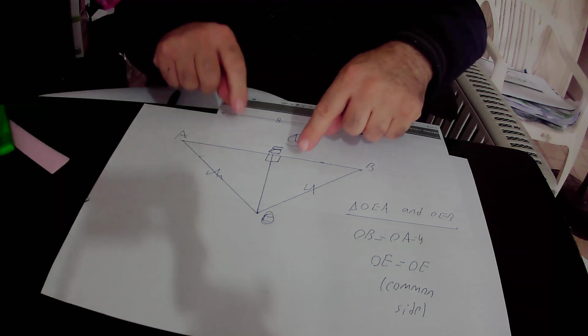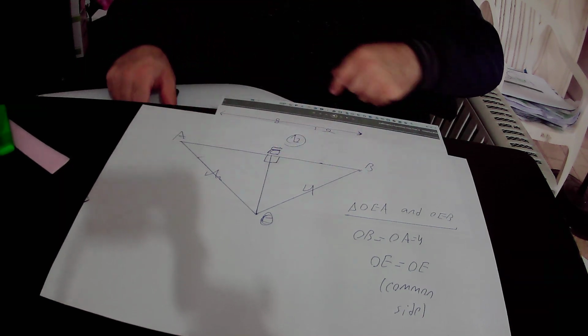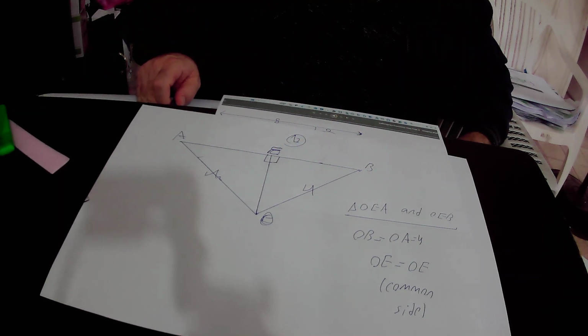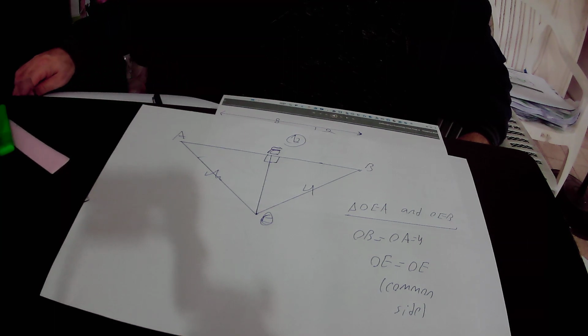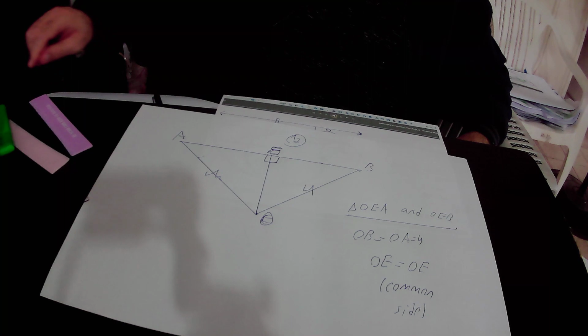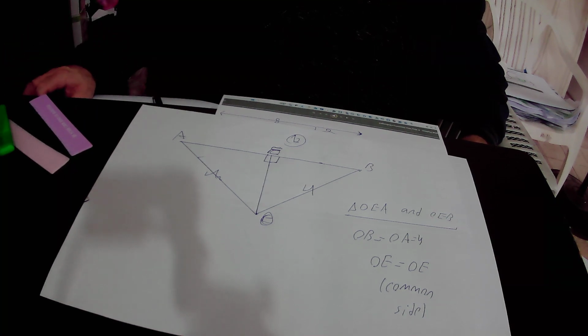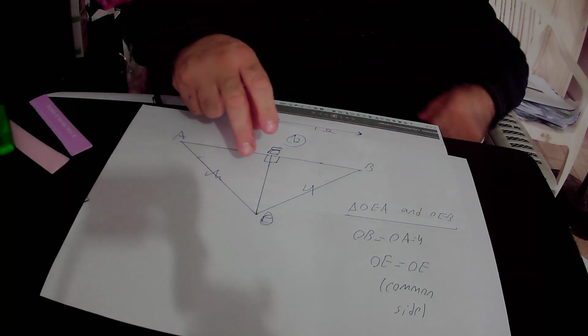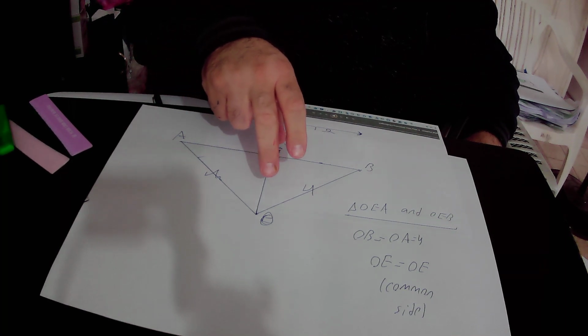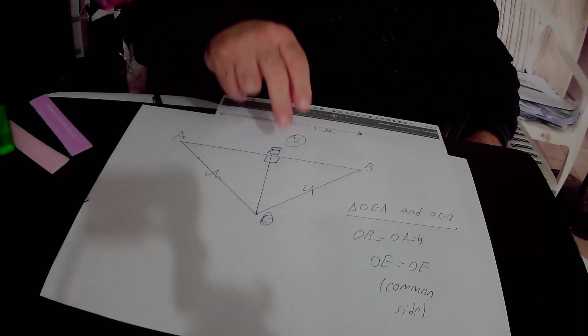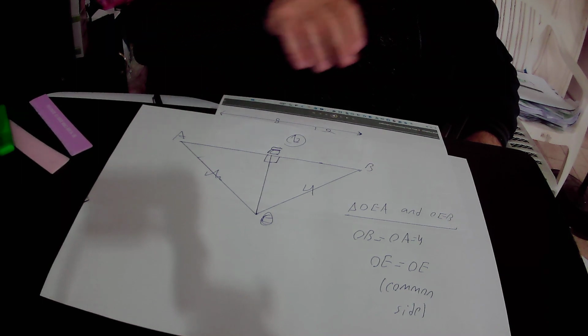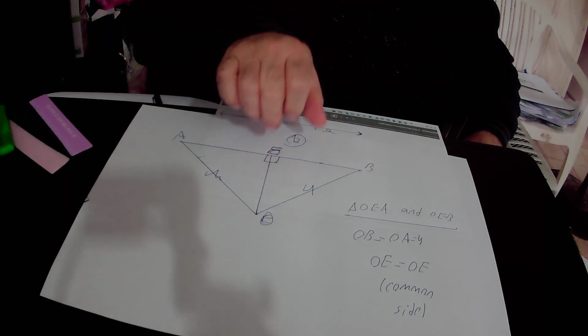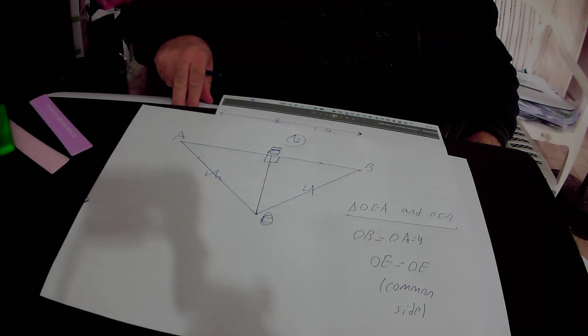So we proved that those two triangles can go into each other according to the rule that if you have two triangles with a hypotenuse and perpendicular that are equal to each other, then both those two triangles will be congruent to each other. So I write it down.